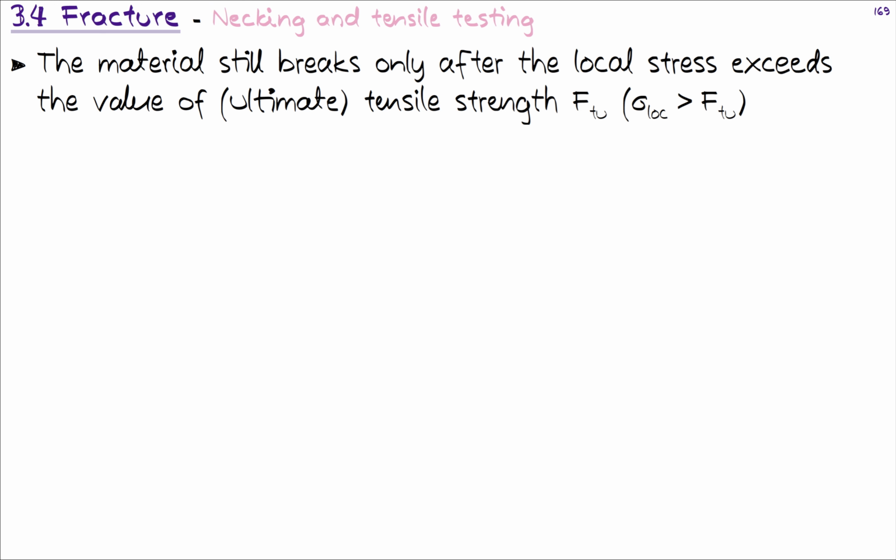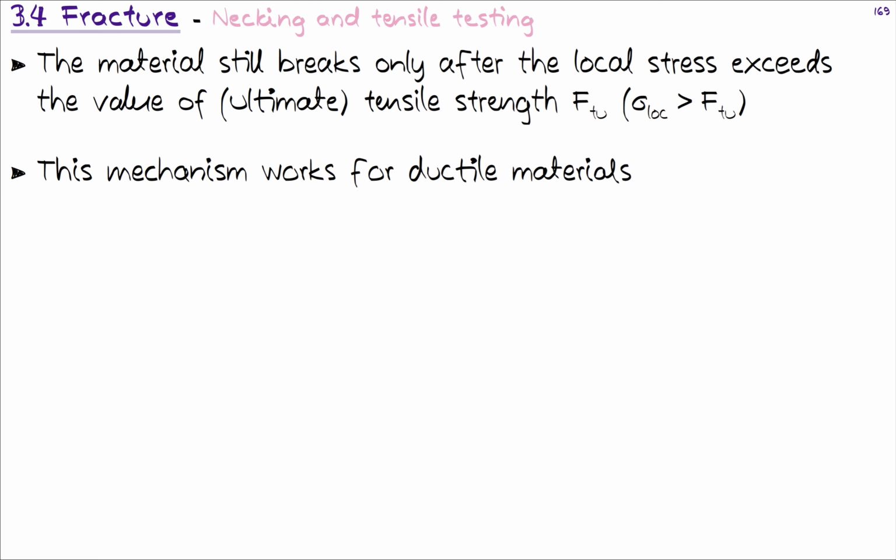But because the material can dramatically taper down during the process of tensile testing, this local stress value may be surprisingly different from the seeming stress value, the engineering stress. And this is the mechanism that works when we are trying to understand the breakdown of a ductile material, so that we have this kind of breaking process.